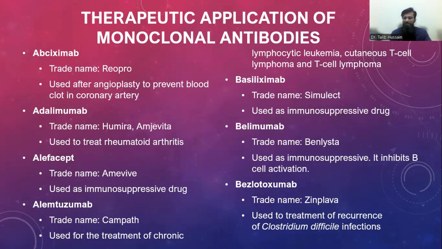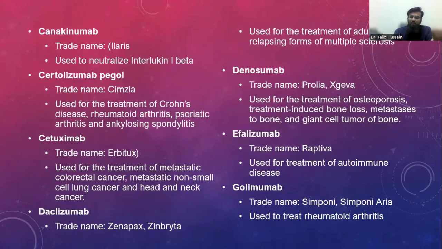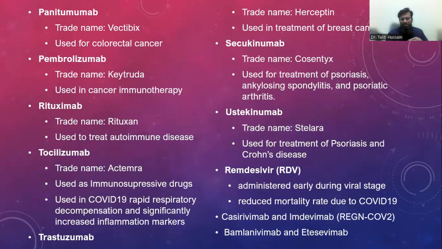For example, for cancers such as lymphocytic leukemia and cutaneous T-cell lymphoma, as immunosuppressants to treat rheumatoid arthritis, to treat infections, and to treat tumor cells of the bones, metastasis of the bone, and osteoporosis.